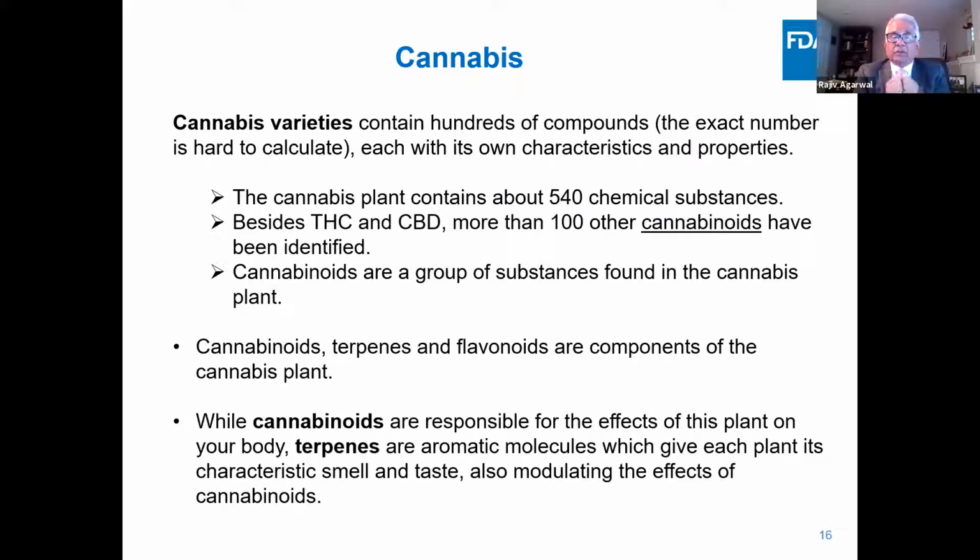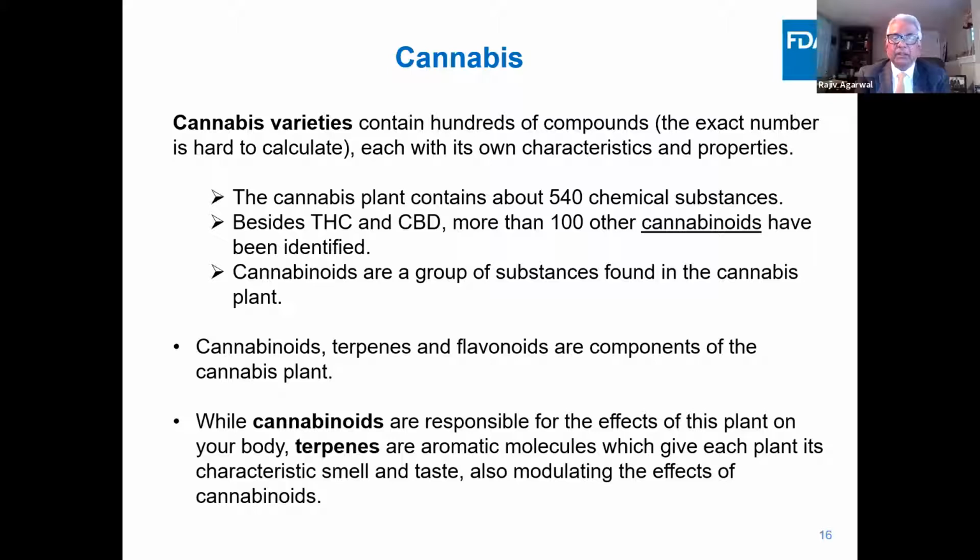Now, there are other components in cannabis plants. There are terpenes and flavonoids. While cannabinoids are responsible for the effect of this plant on your body, terpenes are the aromatic molecules which give each plant its characteristic smell and taste. If somebody is smoking a cigarette, you actually smell terpenes.